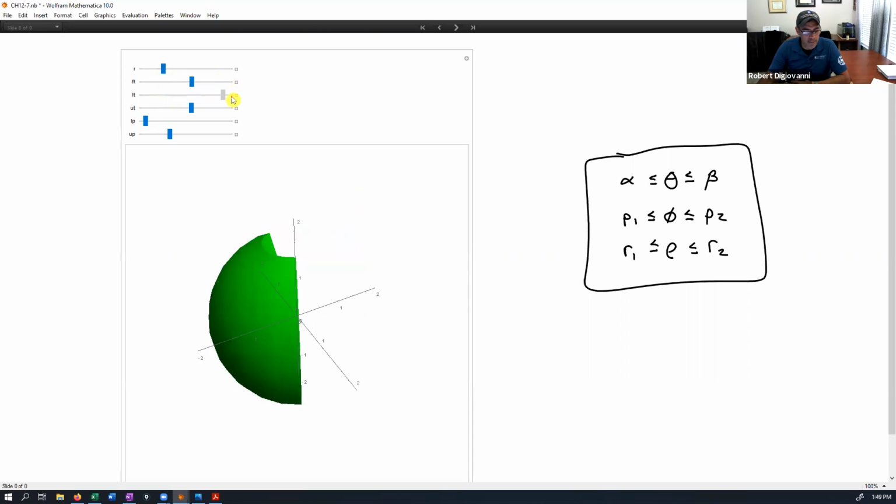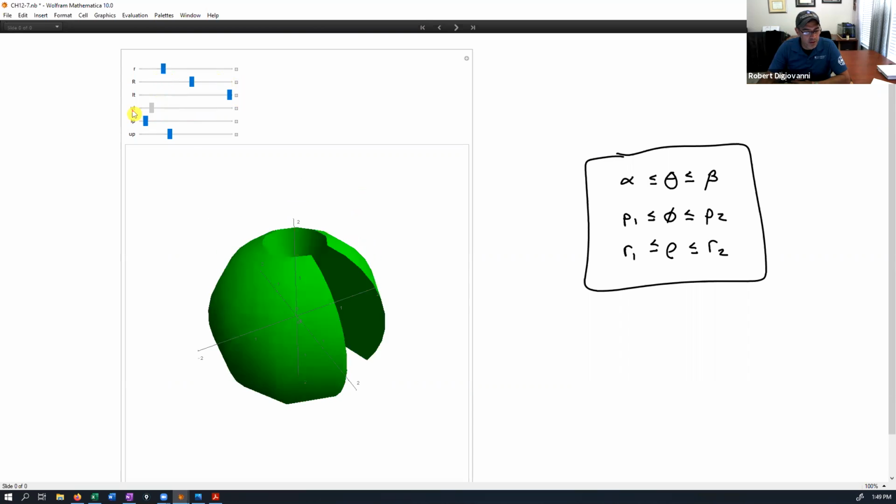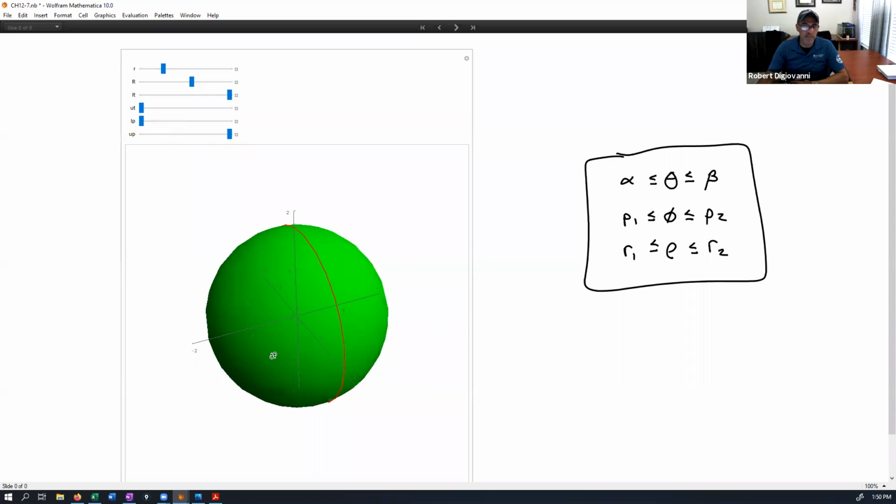So look, if I were to make a sphere here, there we go. That's basically me letting theta go from 0 to 2 pi, and letting phi go from 0 to pi, and letting the radius, well, I might have a coconut here still if you could see the inside.